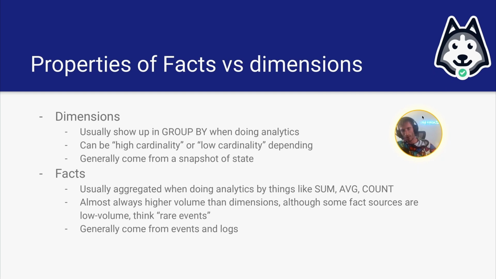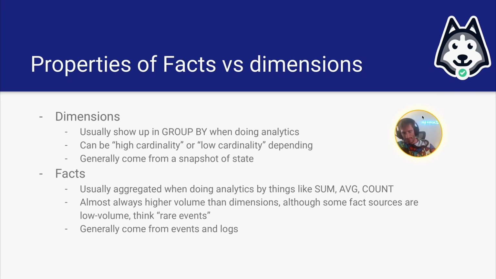Facts, on the other hand, are kind of the opposite. These are the things that you aggregate: you sum, average, or count them. They go inside the aggregation function, whereas dimensions go outside with the group by.